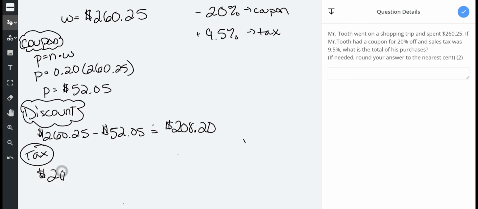So I'm going to take $208.20 and I'm going to multiply that. I'm going to find the tax of $208.20 given that the tax is 9.5%. So I'm going to rewrite this to where I have my part equals my percent times my whole.